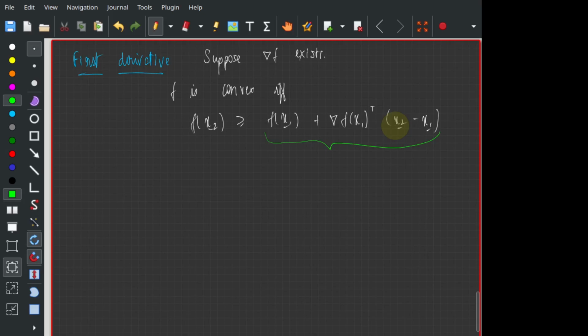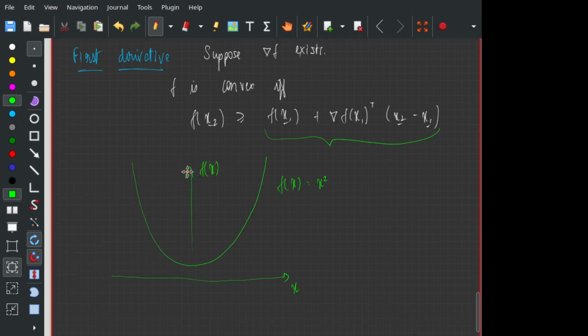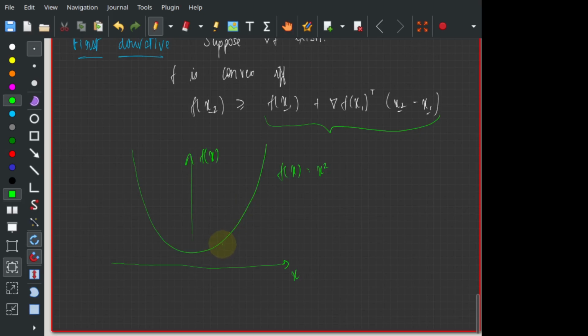So suppose you take a point x. Let's take f of x equal to x squared. This is x, f of x. And let's take some point, say x1 equal to 1.